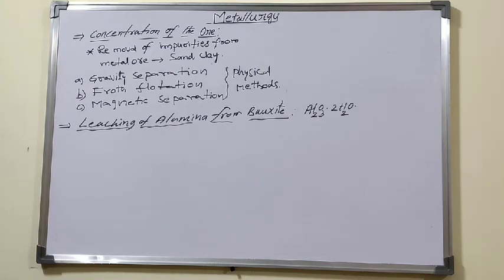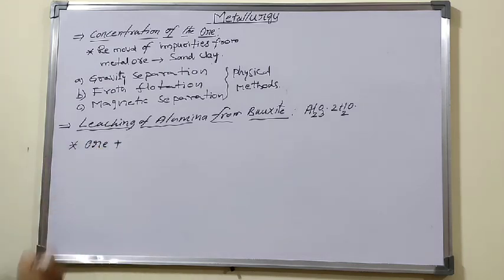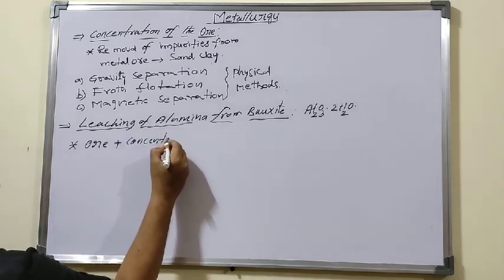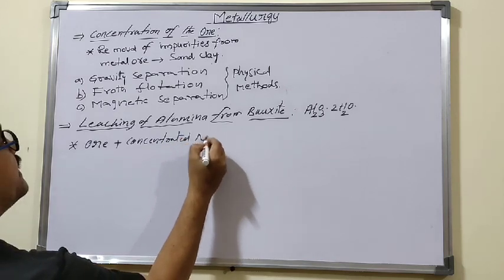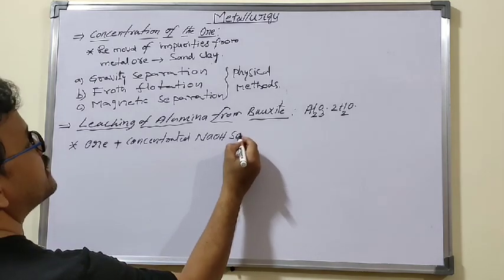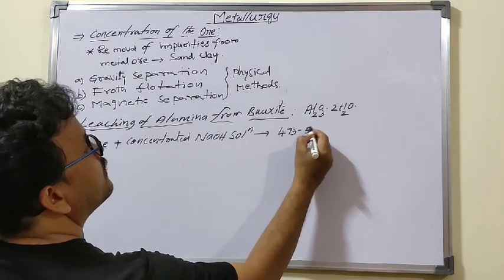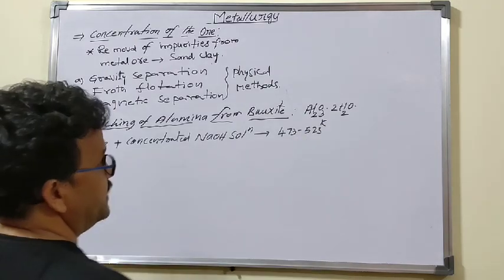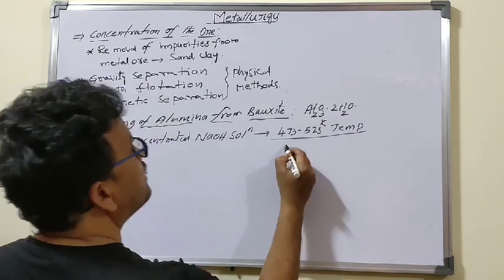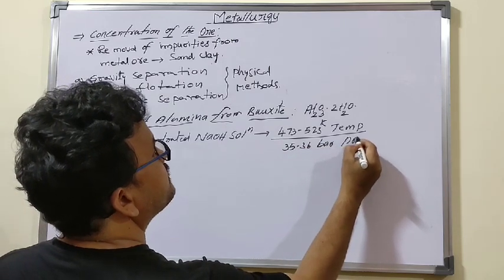What we have to do here is, the ore is treated with concentrated NaOH solution at 473 to 523 Kelvin temperature and 35 to 36 bar pressure.